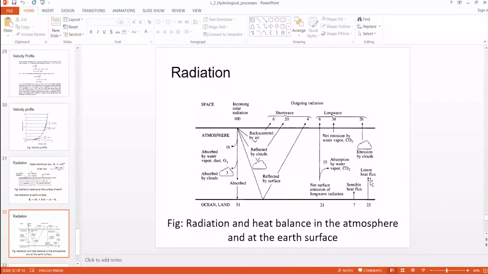You can see 23 coming from here, then it takes another 3 from other sources, and 26 goes back. Whatever radiation is absorbed by CO2 and water vapor goes back as 38%, and 6% of radiation from the earth goes back to space. So this is the radiation balance. So this is the first chapter.